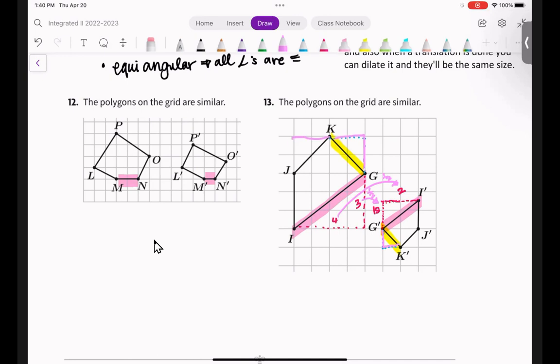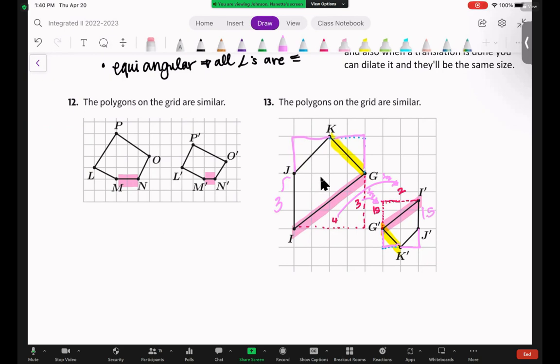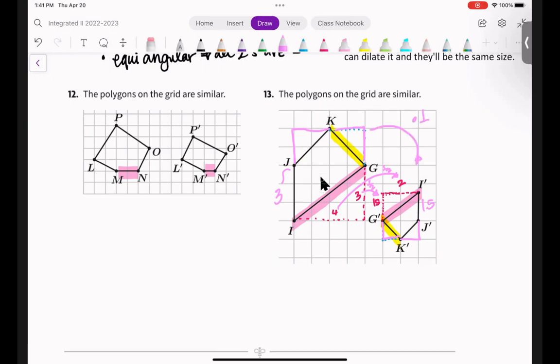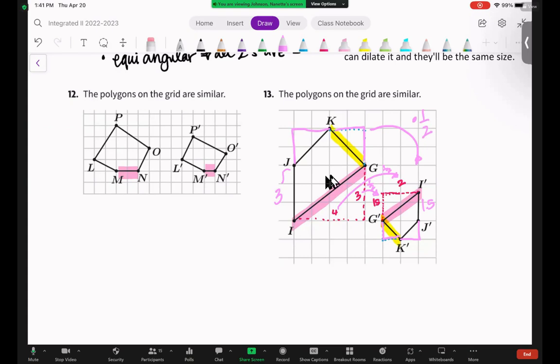This was a 2x2, and now it's a 1x1. This was 3 units long, and now this is 1.5. So notice our scale factor from here to here is multiplied by 1/2. Does everybody see multiplied by 1/2? There wasn't one section that was not it. Does that make sense?